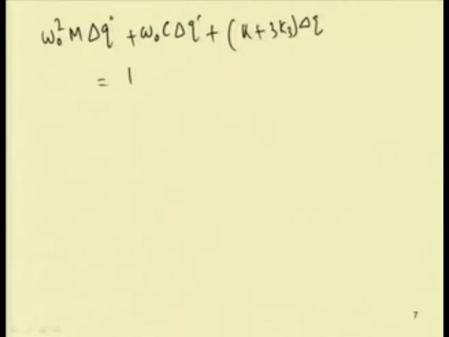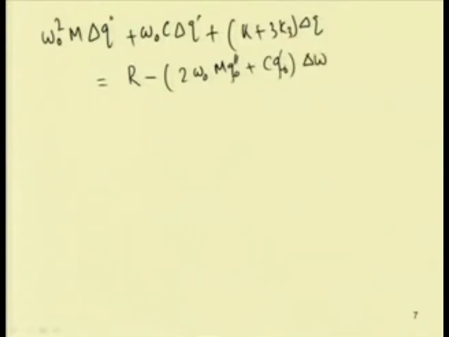This will be equal to some residue minus 2 omega 0 m q j 0 double dash plus c q j 0 dash into delta omega.